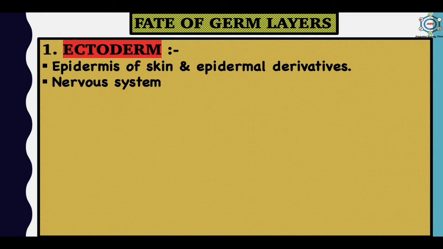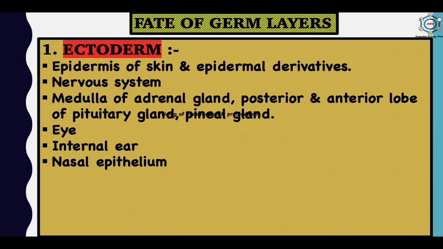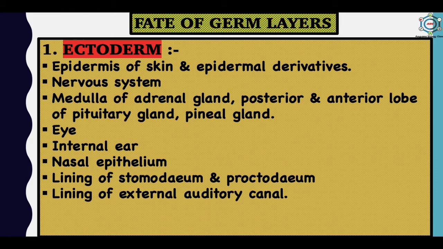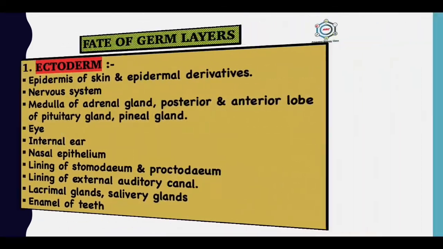So, the first one is ectoderm, and it gives rise to the epidermis of the skin and the epidermal derivatives, nervous system, medulla of the adrenal gland, posterior and anterior lobes of the pituitary gland, pineal gland, eye, internal ear, nasal epithelium, lining of stomodeum and proctodeum, lining of the external auditory canal, lacrimal glands and salivary glands, and enamel of teeth. So these all are formed by the ectoderm.